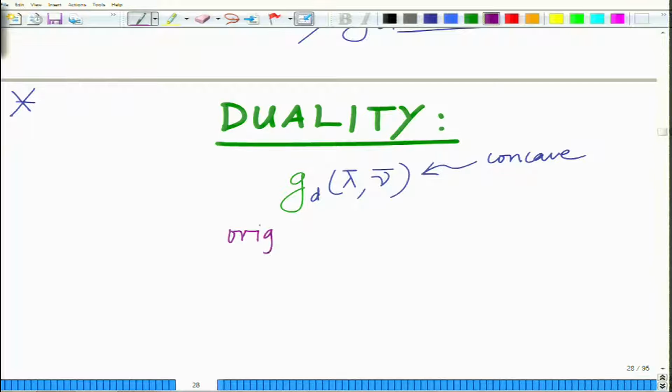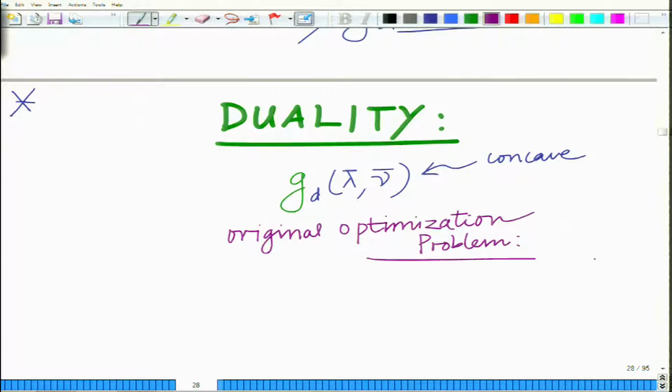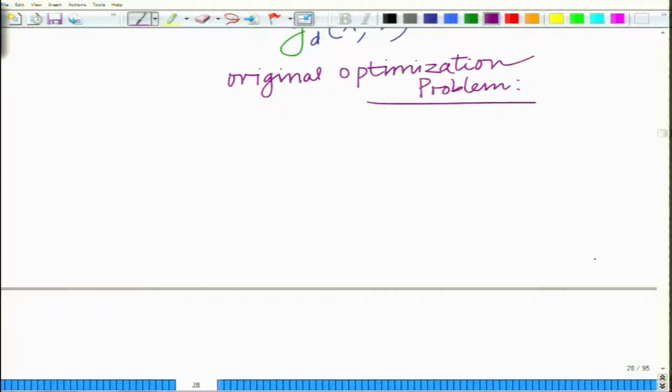Let us go back to the original, possibly not necessarily convex, optimization problem, and that is as follows.